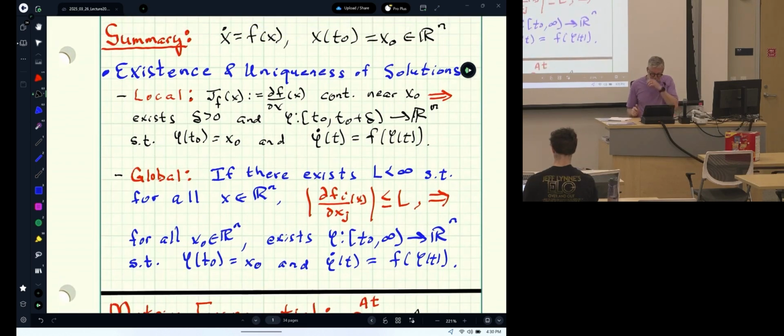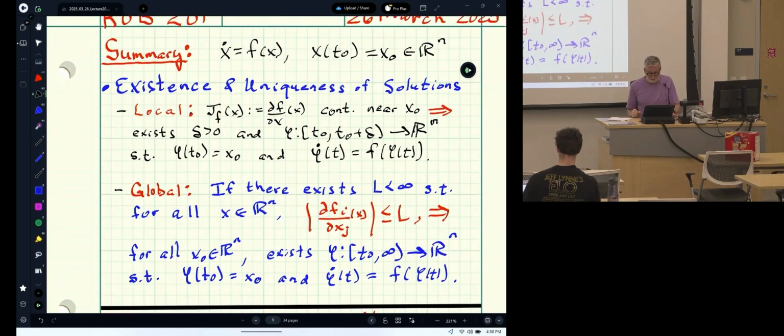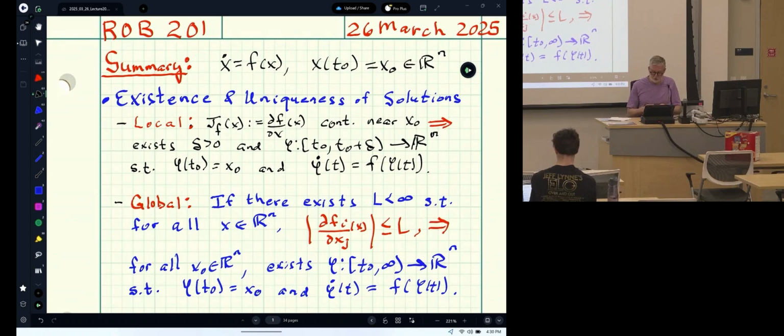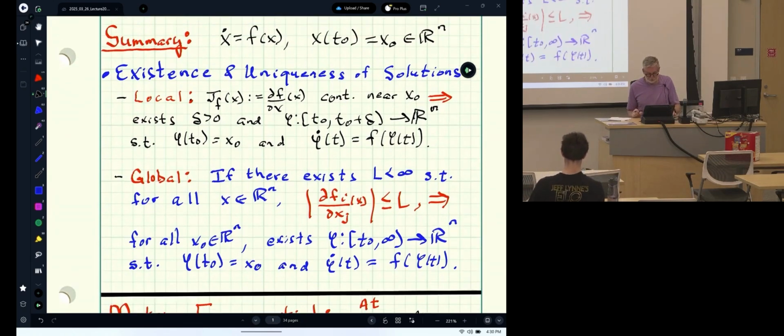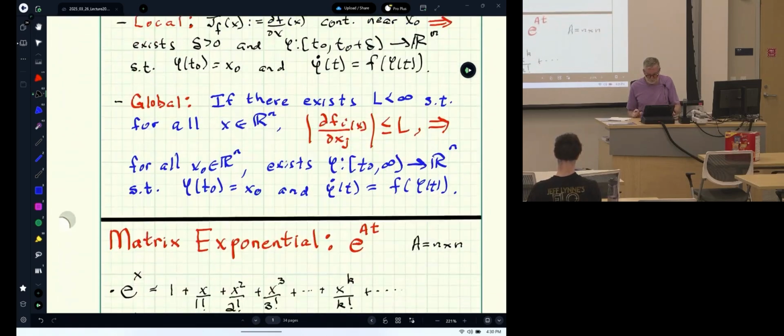Existence and uniqueness: we figured out that if the Jacobian is continuous near the initial condition, that guarantees a solution exists on a small interval of time, t0 to t0 plus delta.